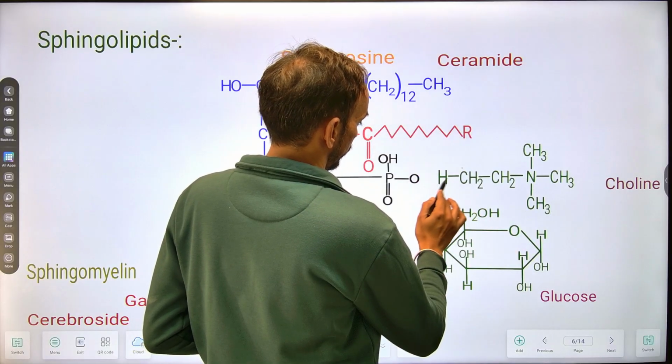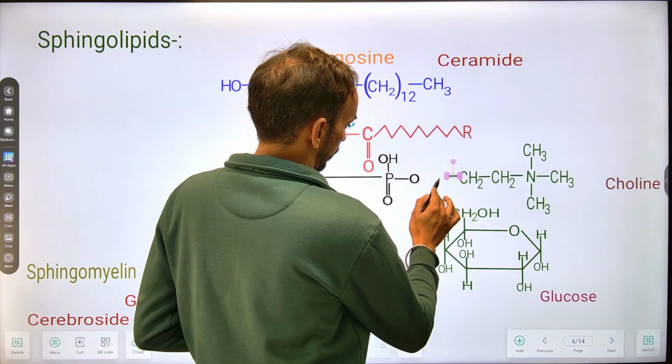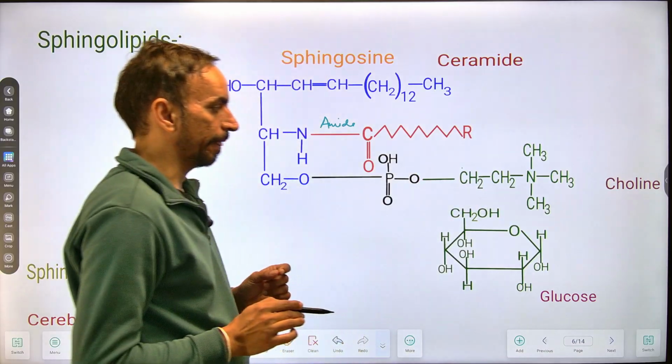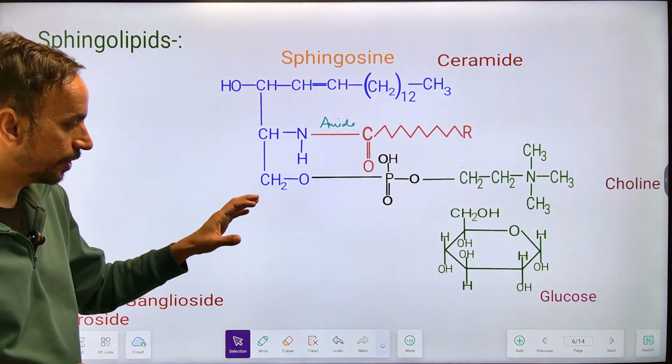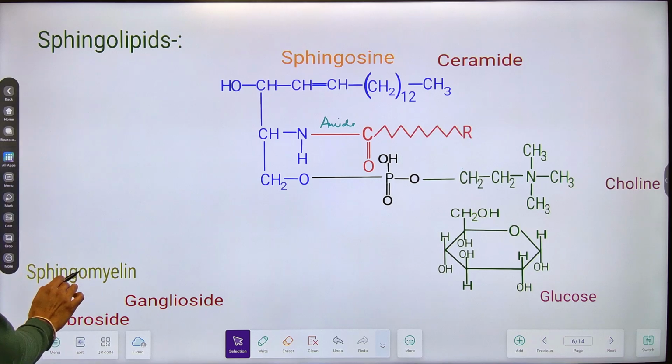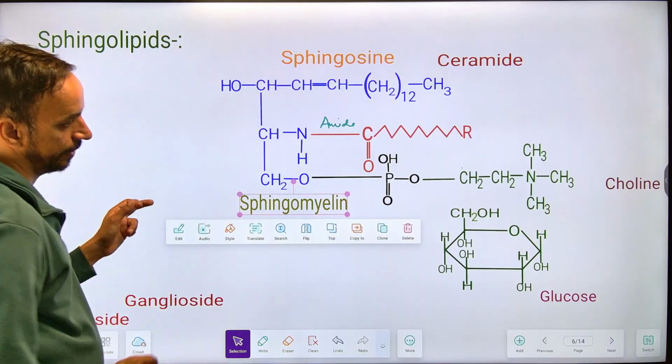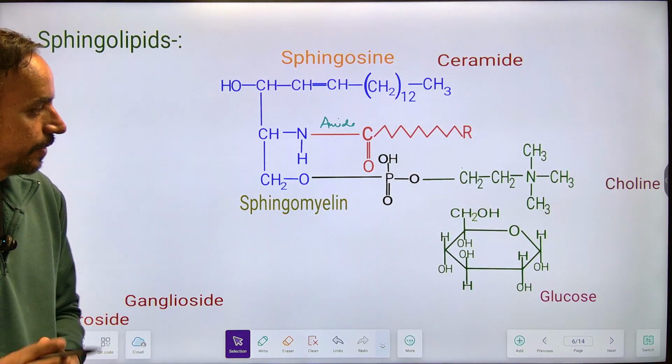H2O रिमूव कर लीजिए यहां से, एंड द एडिशन ऑफ ए choline. Then this structure it is called as sphingomyelin. ठीक है, दिस स्ट्रक्चर इज नोन एज स्फिंगोमाइलिन.